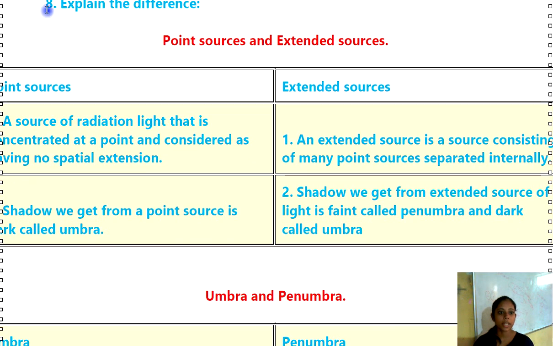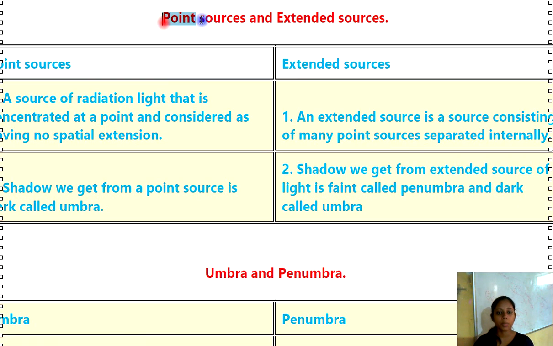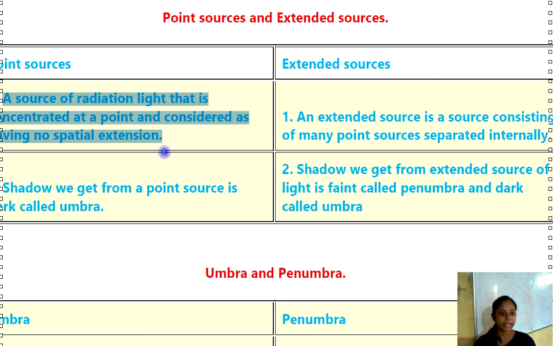Next question: explain the difference. A. Point sources and extended sources. Point sources: a source of radiation or light that is concentrated at a point and considered as having no spatial extension.